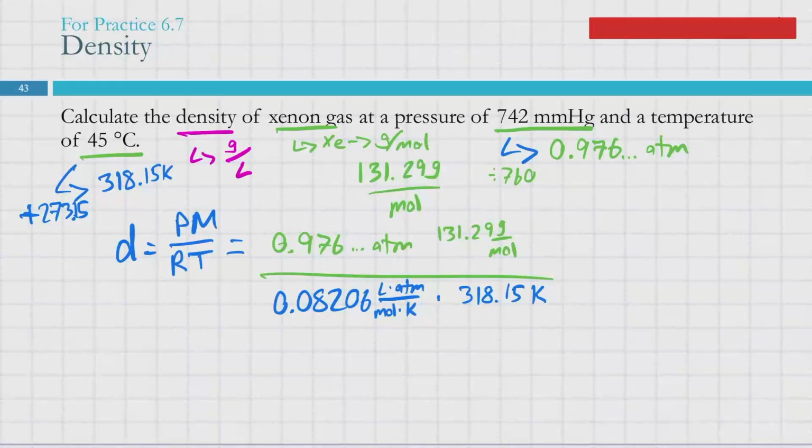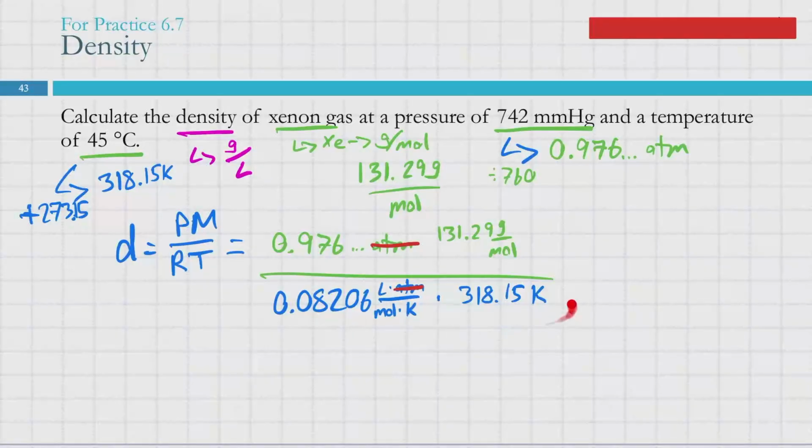We can put it together by ourselves with just knowing the units, but we've got a whole lot of units, and in my experience, most people just get confused by the units. But let's go through and cancel stuff out. We've got atmospheres on the top. We've got atmospheres in our R value that's on the bottom. So these two cancel out. The one on the top's in the numerator, the one on the bottom's in the denominator.